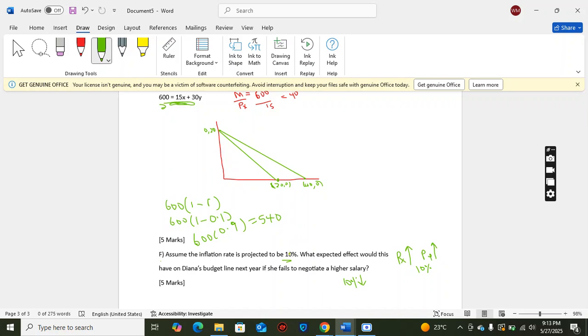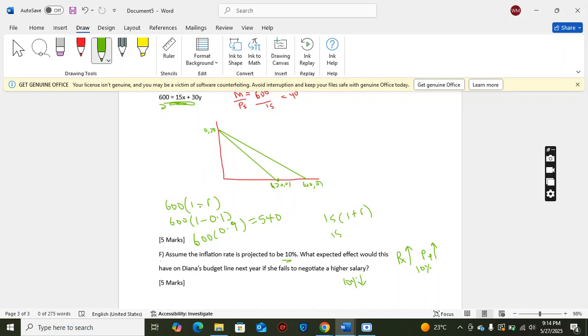Then the price of good X grows by 10%. 10% of 15 kwacha is 1.5, and 1.5 plus 15 gives 16.5. Or you can do 1 plus R, since it's increasing.